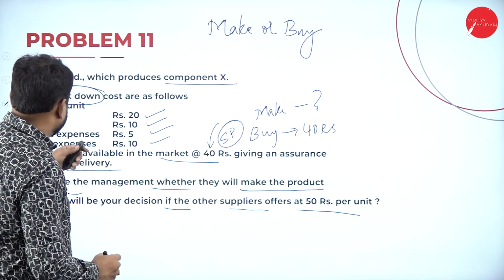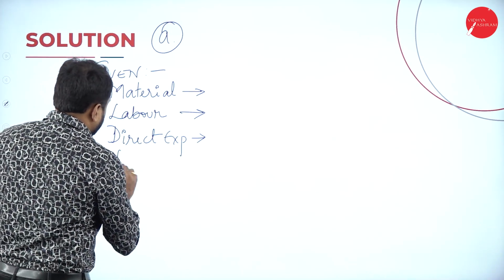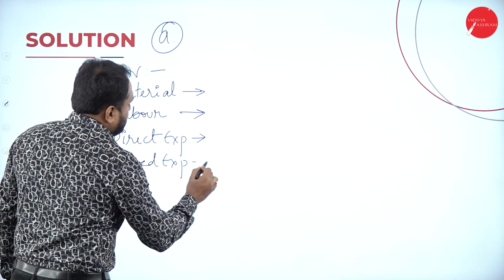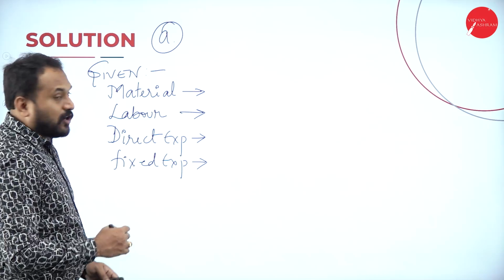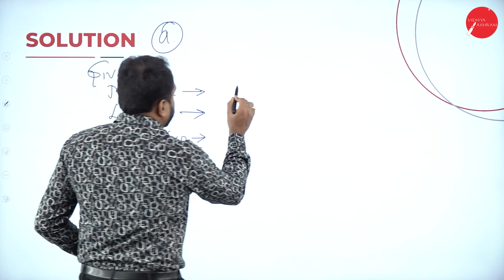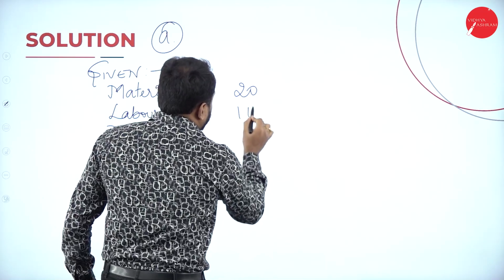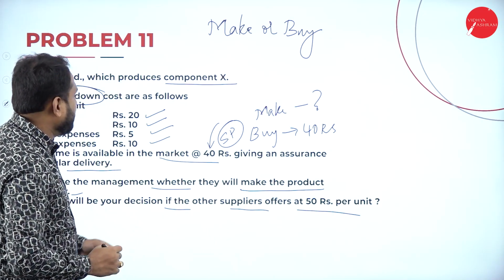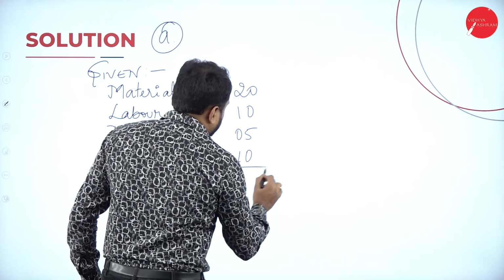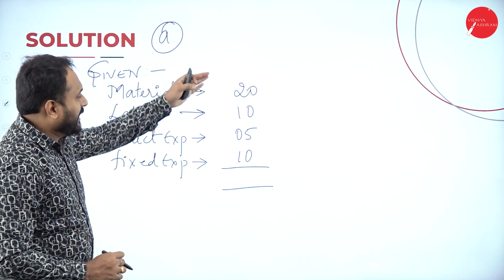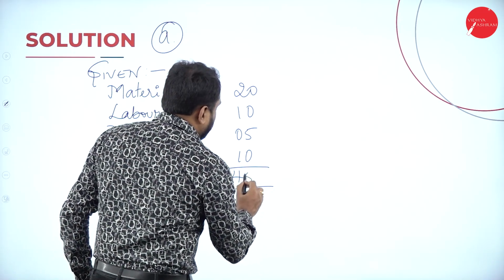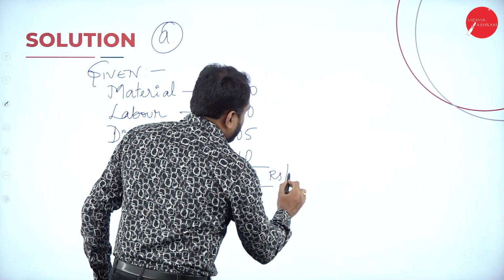Next you have as fixed expenses. Now we'll write down all the numbers here. Material is rupees 20. Then we have 10 and 5 and 10. Total if you go with 20 plus 10 is 30, 35, 45. So it is 45 rupees per unit.